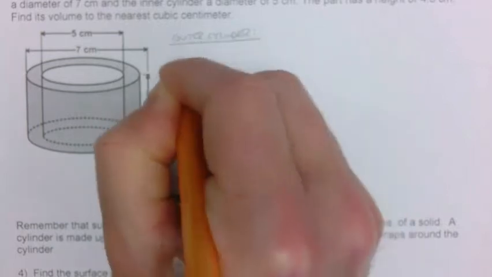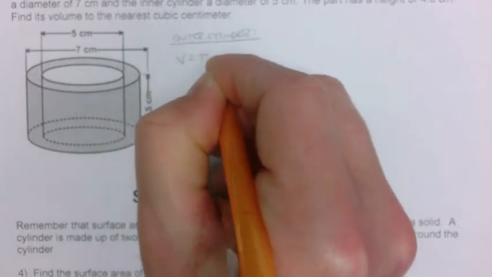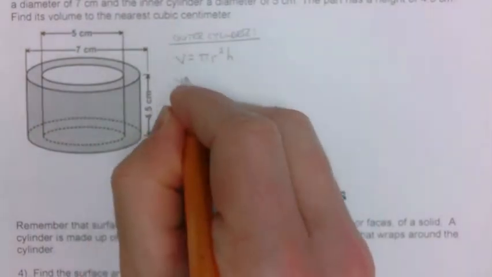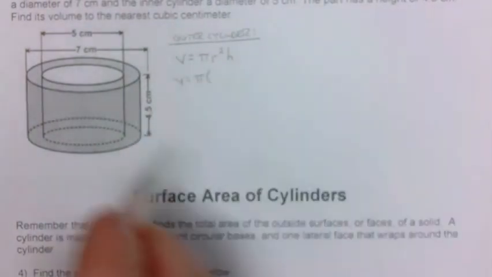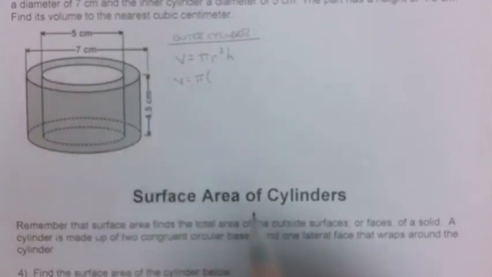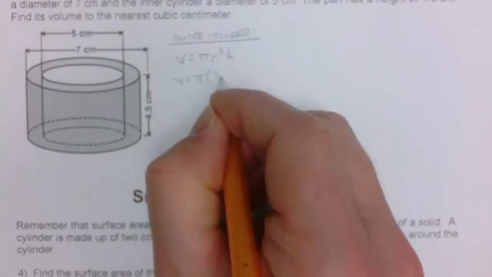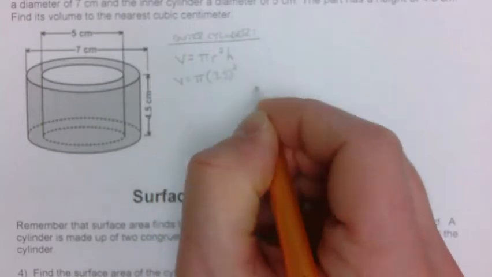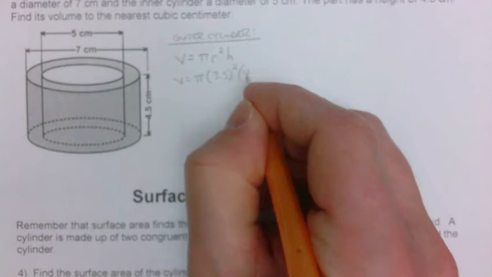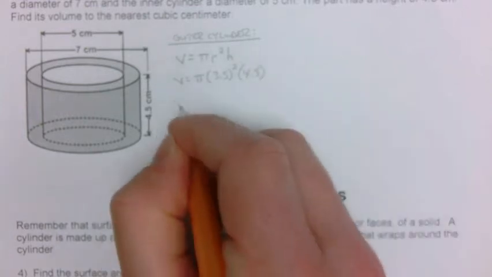I'm going to start with the volume formula, V equals pi r squared h. For the volume this time, the outer cylinder is 7 centimeters across in diameter. Half of 7 is 3.5, so that's going to be the radius, and then I square it. And I'm multiplying by the height, which I see here is 4.5 centimeters.